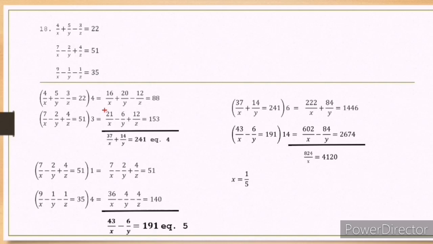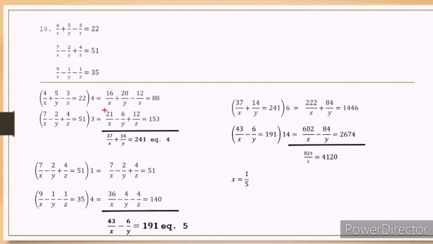Then 43 over x minus 6 over y is equal to 191, times 14, is equal to 602 over x minus 84 over y is equal to 2674.